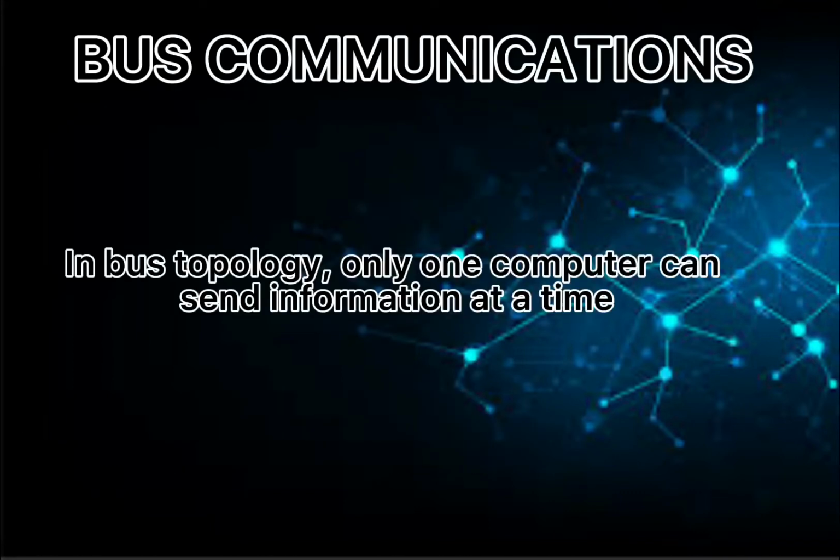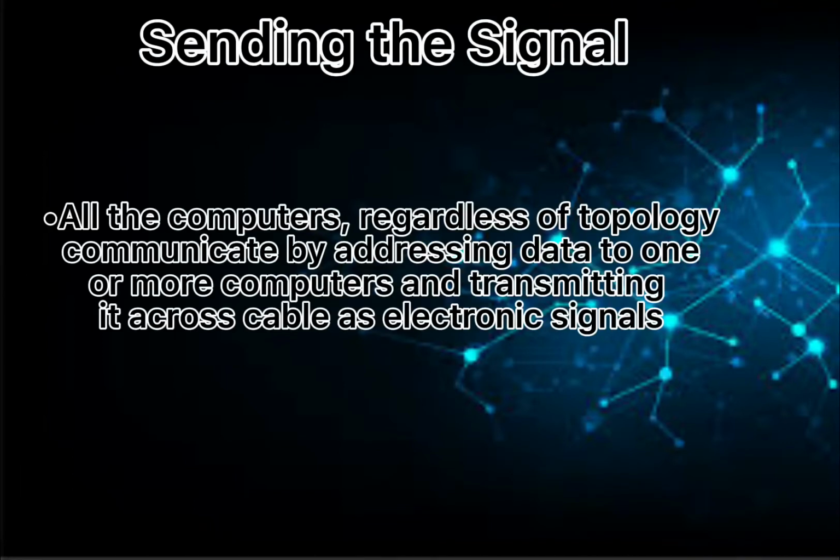Bus communication. To understand fully the impact of choosing a bus topology, you must understand how computers communicate with each other across a network. All computers, regardless of their topology, communicate in the same way. They address some data to one or more computers and then transmit that data across the cable in the form of electronic signals. Sending the signal.